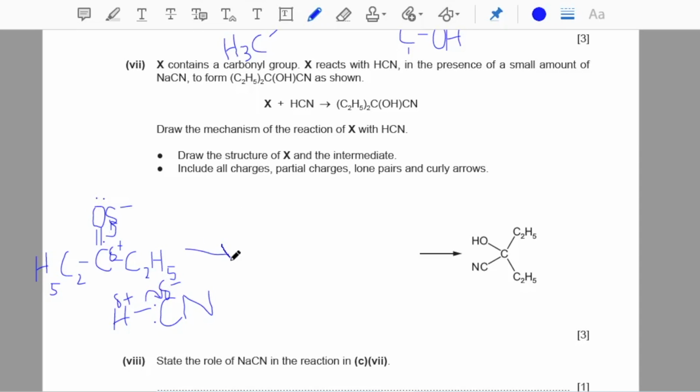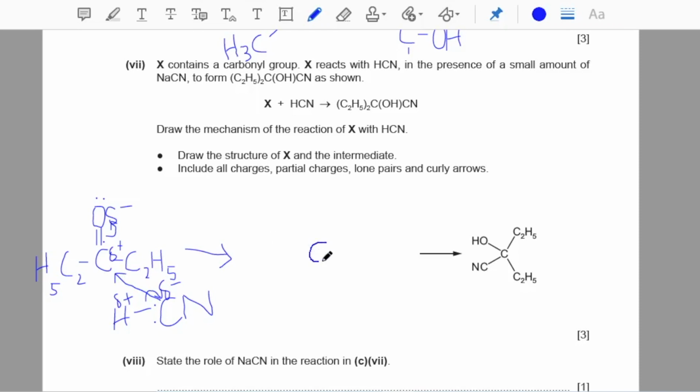The next thing to be shown is that this carbon atom has a partial positive charge, which will be attracted by the cyanide ion because it has a lone pair of electrons. So this cyanide ion will now get attracted towards this partial positive carbon atom.